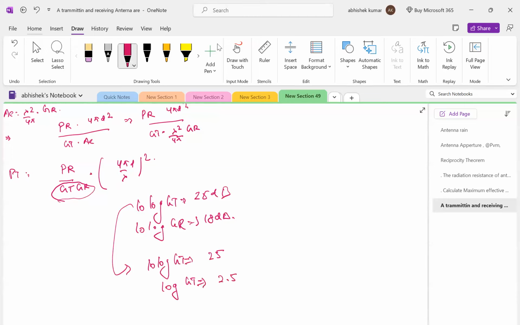Then GT will be 10 raised to 2.5. Yeah, 10 to the power 2.5.